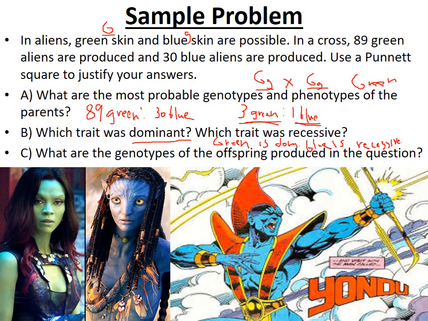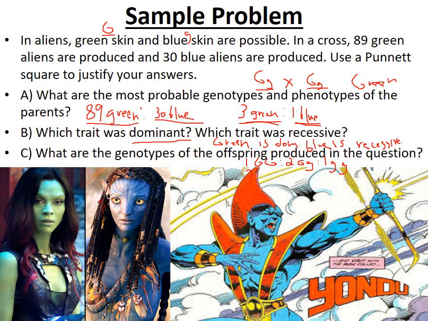What are the genotypes of the offspring produced in the question? Well, you would know this too. There's 89 green for every 30 blue. You know that of the offspring produced in the question, you would have 1 big G, big G, 2 big G, little g, and 1 little g, little g.